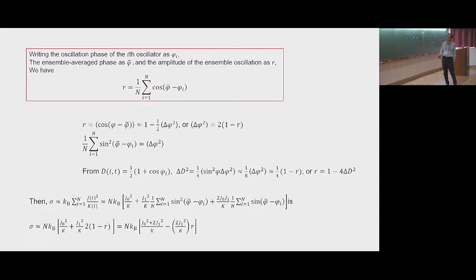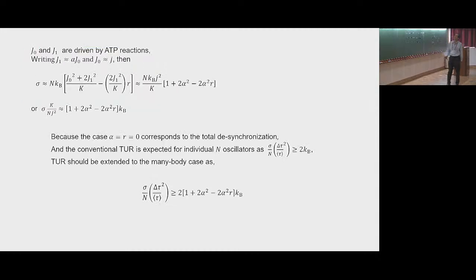The entropy production rate is written with J0, J1 and the oscillation amplitude. And if we write J1 equal to some factor alpha multiplied by J0, then the entropy production rate is written with alpha and R like this.